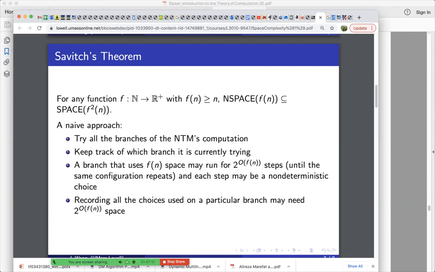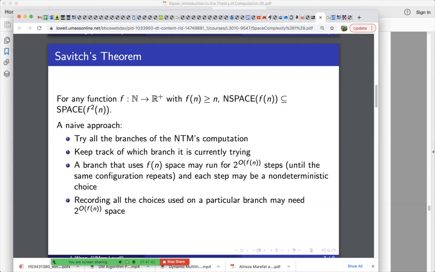Okay, so let's see how we are going to prove this statement. We have this naive approach. What we do is, let's say we try all the branches of the non-deterministic computation. We know that non-deterministic computation is a tree-like structure.